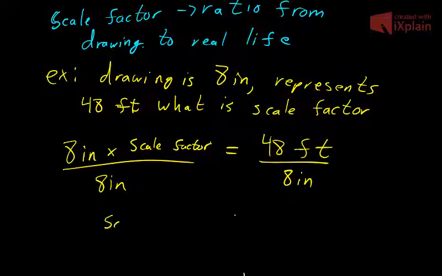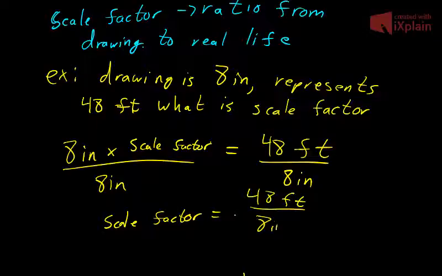And I'm going to find that my scale factor equals 48 feet over 8 inches, which is equal to 48 divided by 8 is 6 feet per inch. And just like that, we have our scale factor.